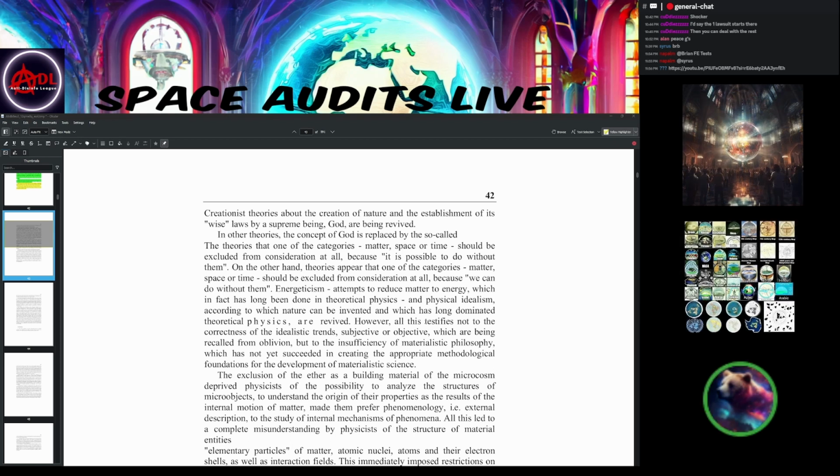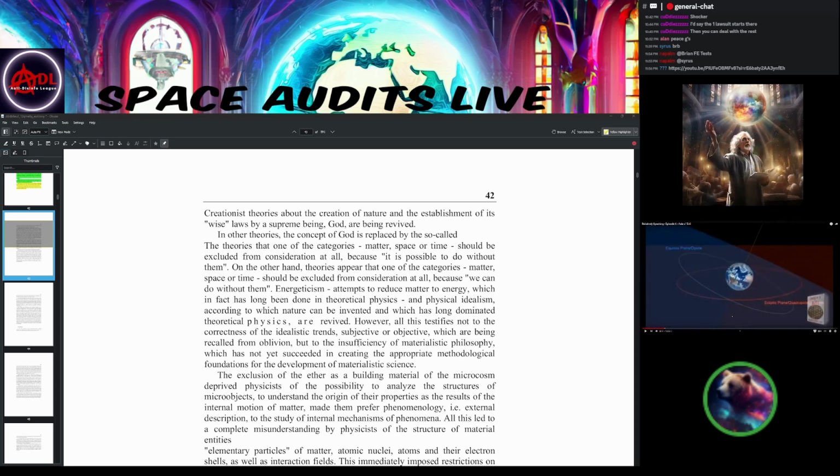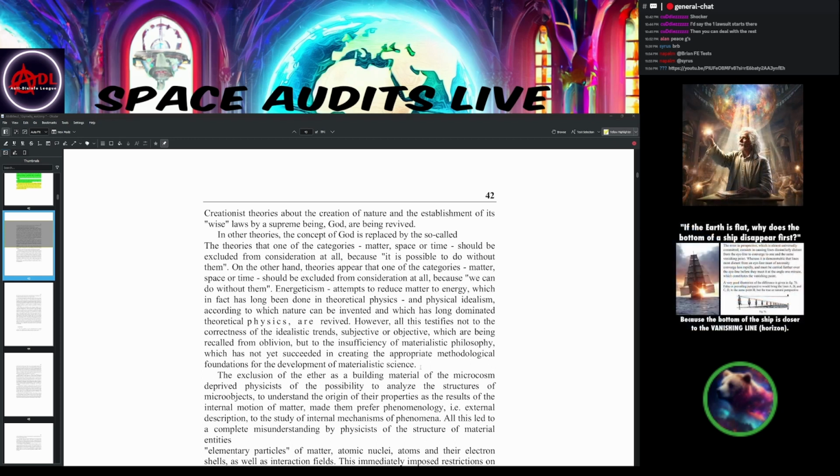However, all this testifies not to the correctness of the idealistic trends, subjective or objective, which are being recalled from oblivion, but to the insufficiency of materialistic philosophy, which has not yet succeeded in creating an appropriate methodological foundation for the development of materialistic science.